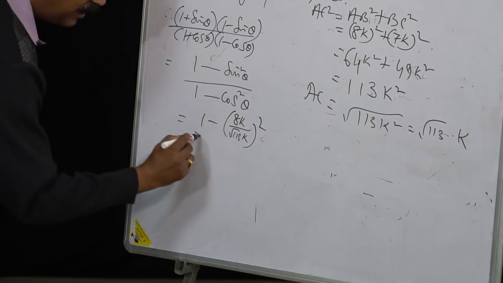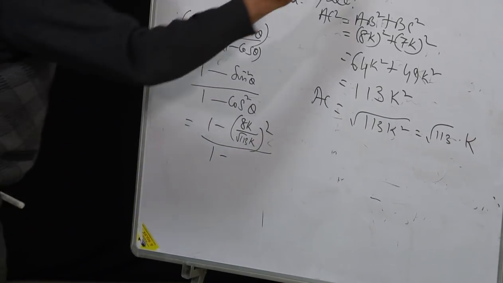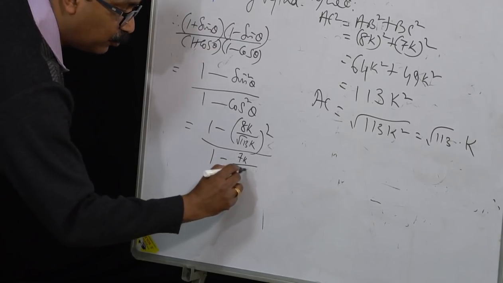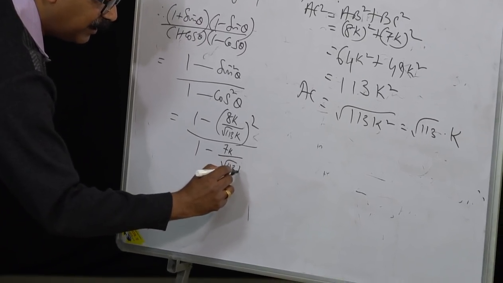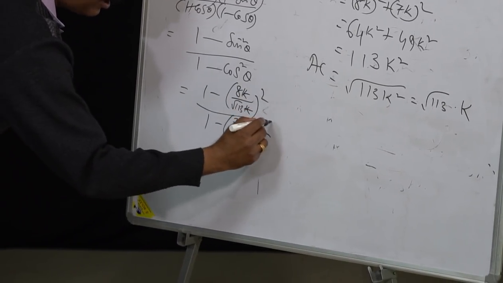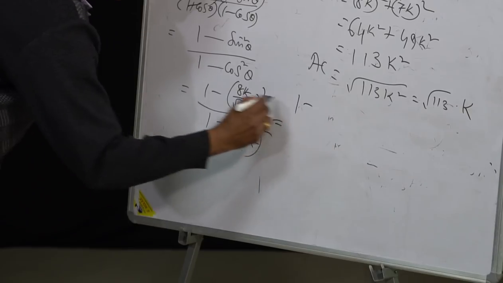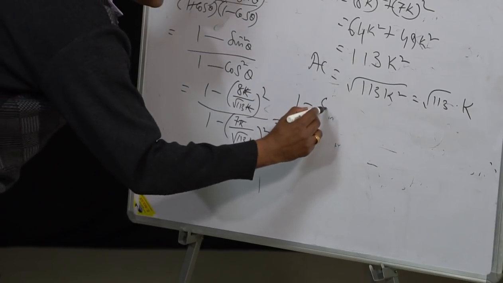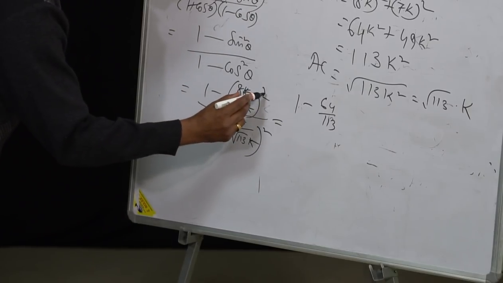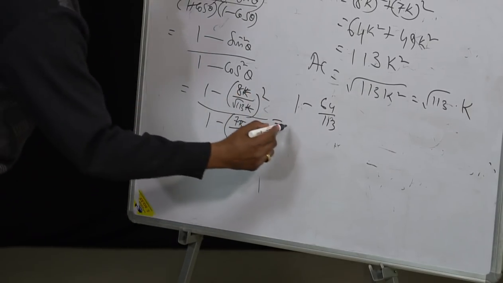Look at this. And here also 1 by base, this is the base, 7K by root 113K whole square. So K is cancelled. So now how much can you get here? 1 minus 8 square is 64 by 113. Root under square means it comes to 113 only.